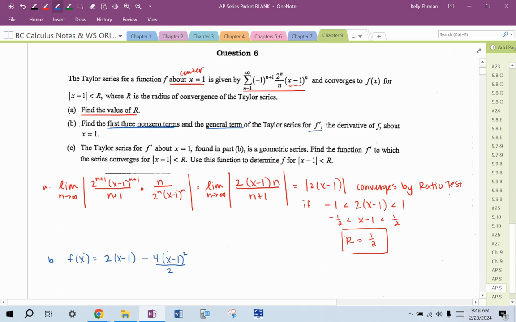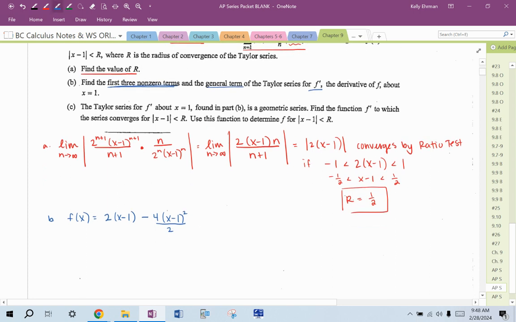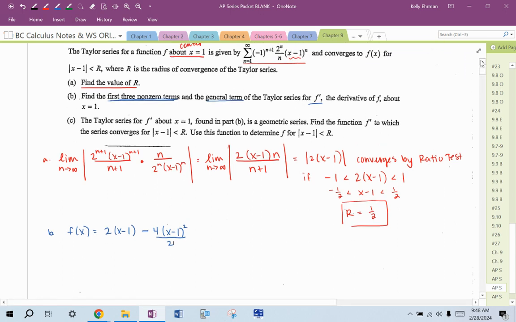I don't care too much about simplifying this yet. The next term is plus, now we're plugging in 3, so 2 to the third is 8 over 3 times x minus 1 to the third, plus and so on. The general term is -1 to the n plus 1, 2 to the n, x minus 1 to the n, over n, plus dot, dot, dot.